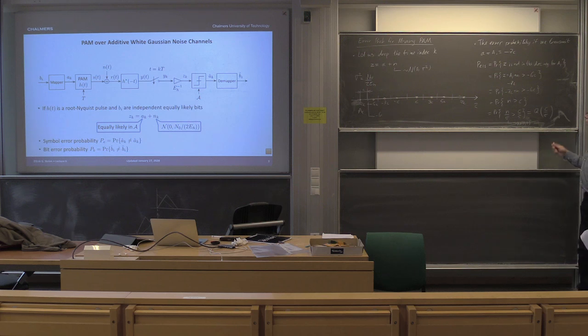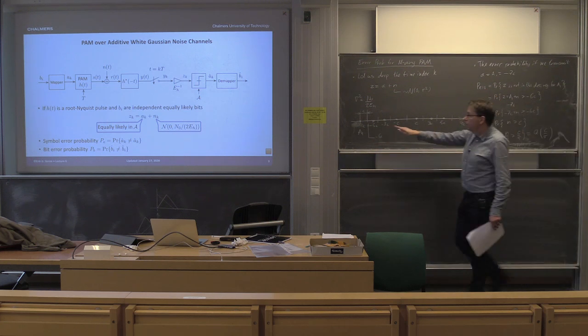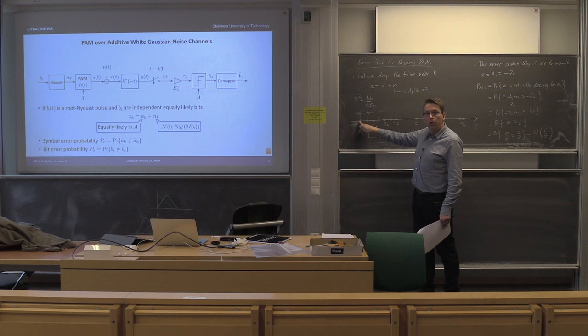Okay. So, to summarize, if we transmitted the first signaling point, this one, we make an error if the noise is such that it moves this point over the decision boundary into the adjacent decision region. This is equal to the probability that the noise is greater than the distance to the decision boundary.